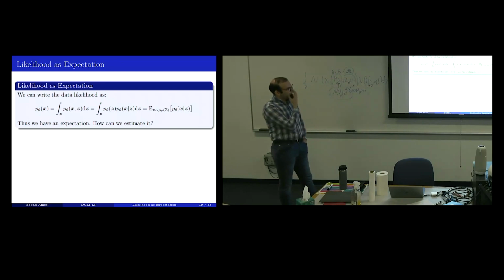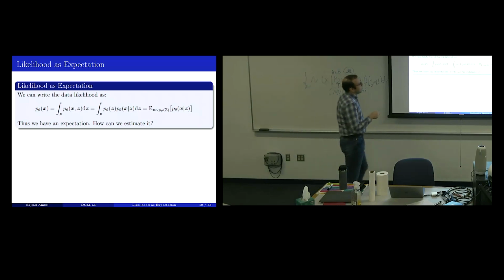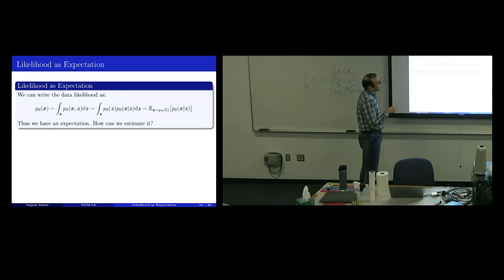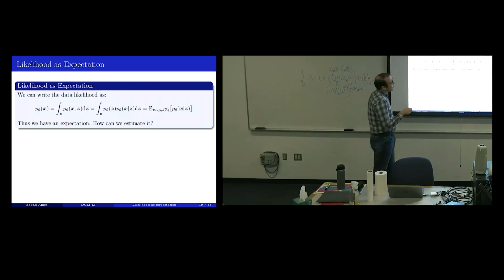So let's cast it as an expectation. How? We know that the data density is this integral, and if I condition this joint over the latent, times the latent, I mean the Bayes rule, I have this integral. Look at this integral. What is this integral?